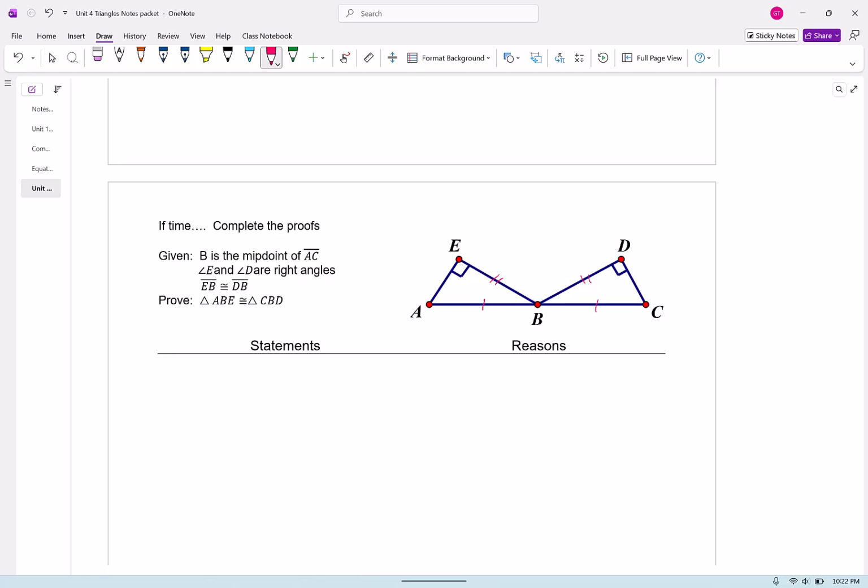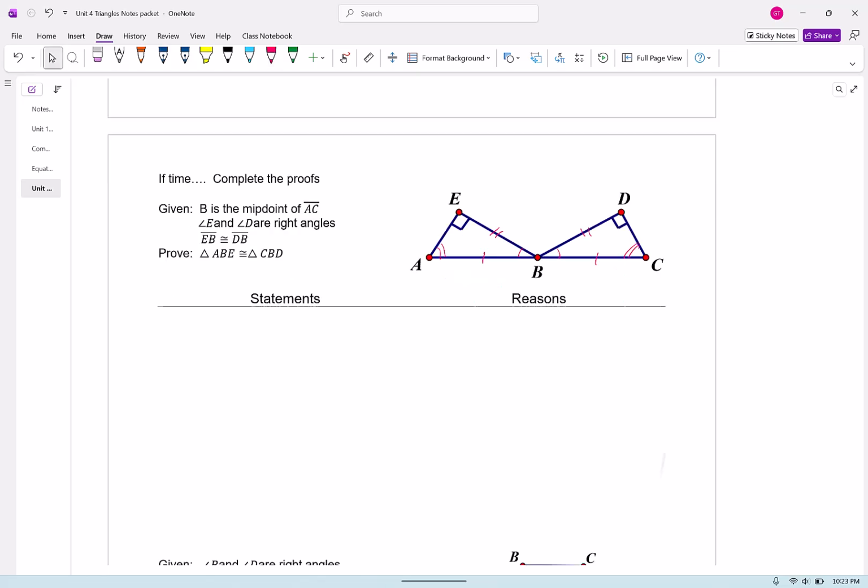There's not a ton that we can do at this point to guarantee that we know all the details. But we have those sides, we have that angle, and it's going to create that angle. Then we could assume that these two are the same, which then would say these two are the same. So we got angle, side, angle in order to prove that they are congruent to one another.